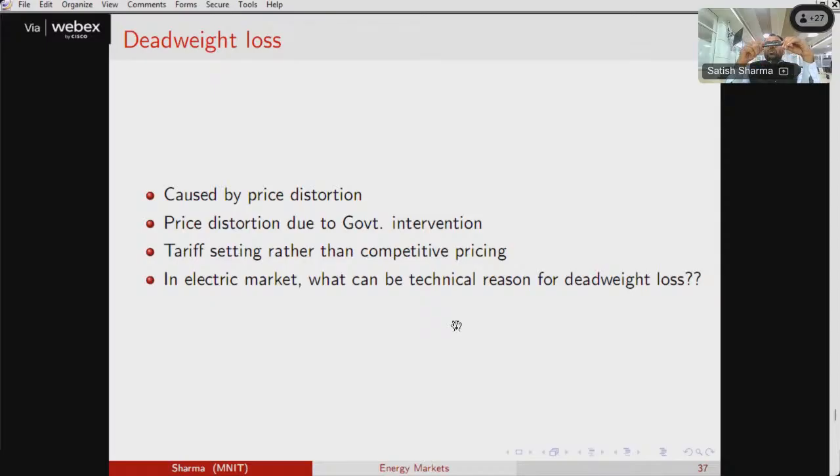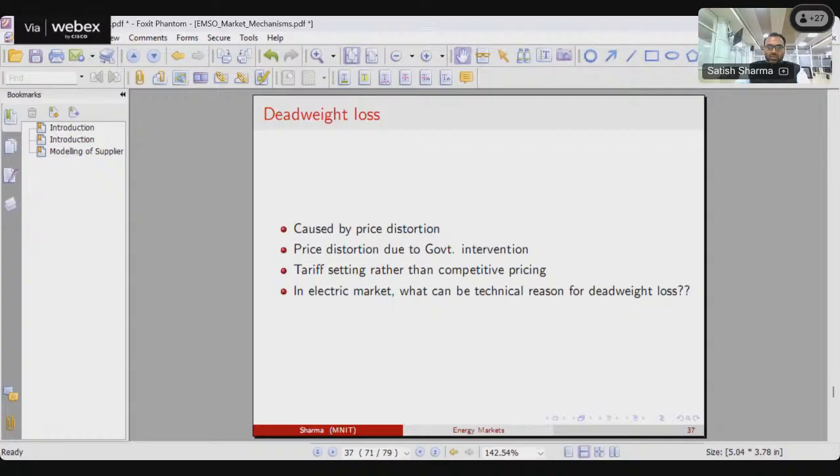So do you have any idea what can be the technical reasons? Again, wait. Do one thing, I will turn off my video because maybe because of this I am getting disconnected continuously.